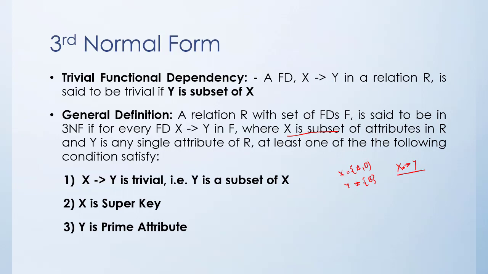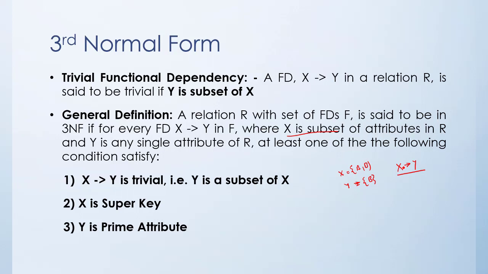And what is the advantage of this? We do not need to analyze for 2NF. We can directly analyze these three conditions for checking whether the relation is in 3NF or not. And from this definition we are also going to get the definition of BCNF. So let us see how to analyze whether a relation is in 3NF or not using this definition.